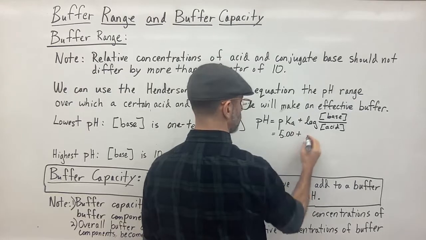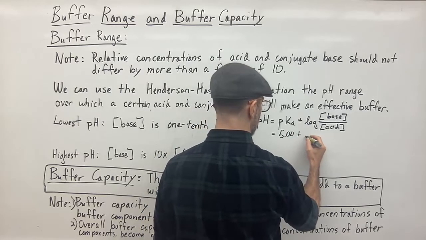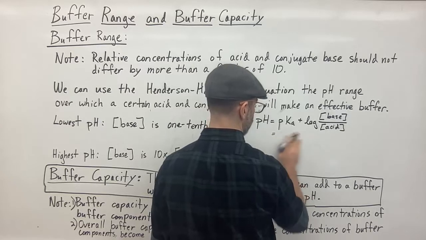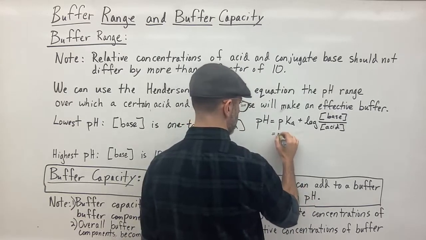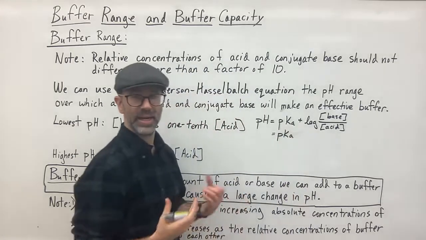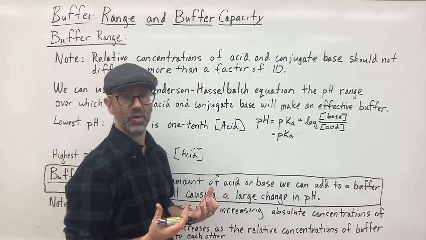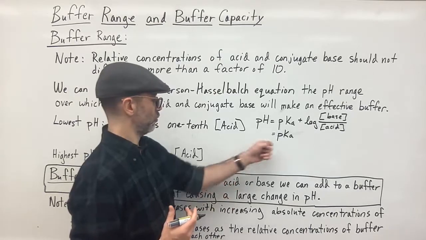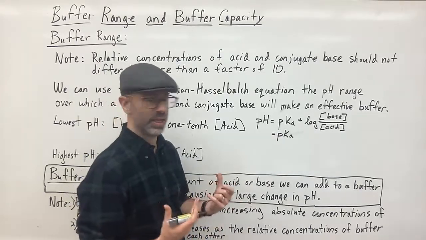So pH is equal to the pKa plus the log of, well, we don't have to use 5. We can just use pKa, because then it just depends on what acid and conjugate base we're using. So let's use that as a general pKa.